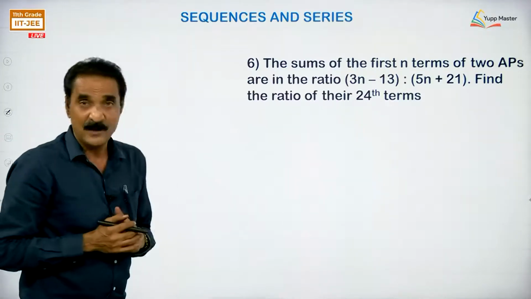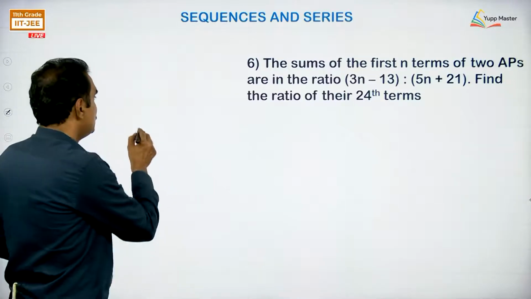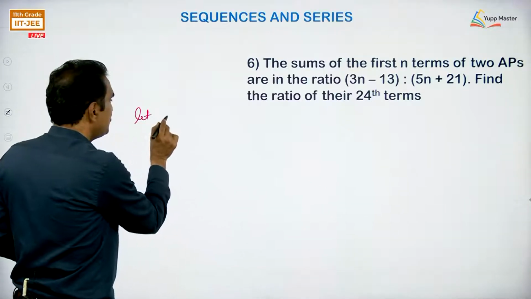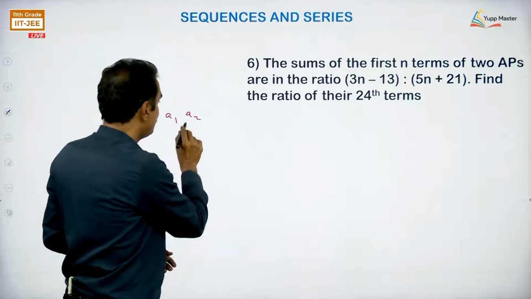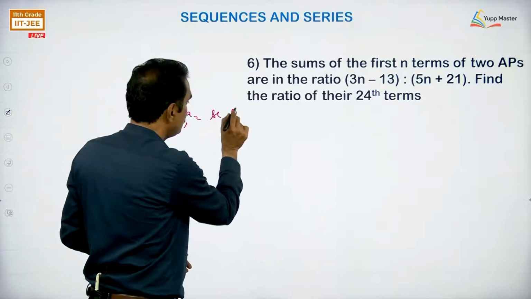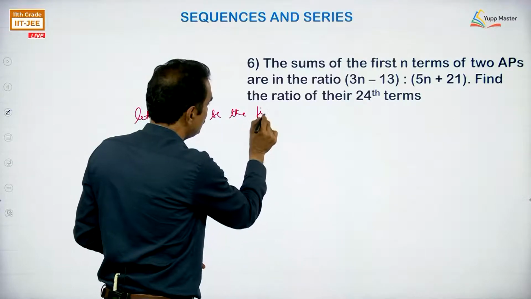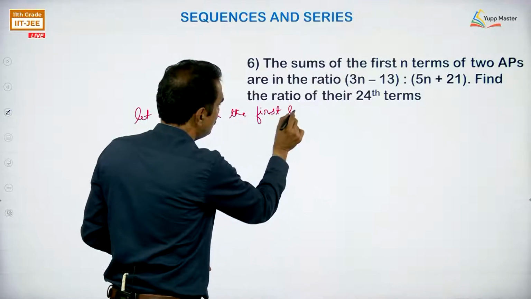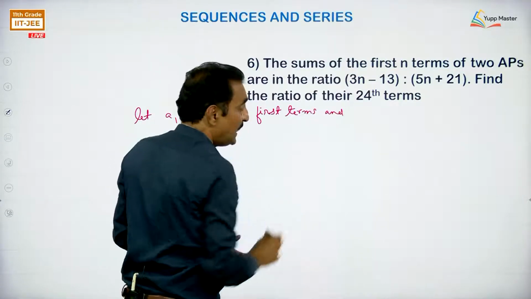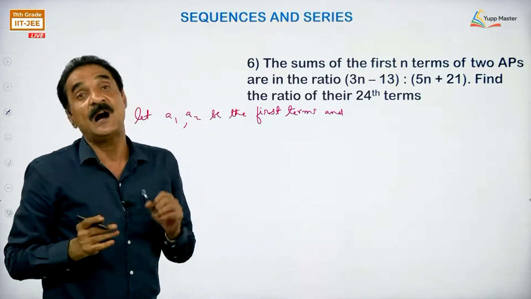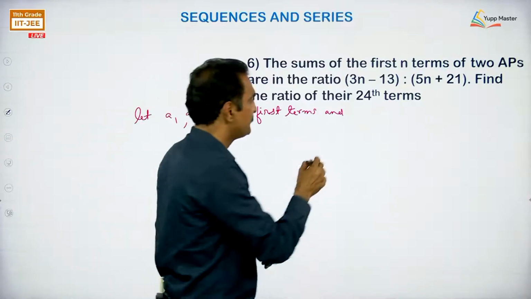We have to consider two APs. Let A1 and A2 be the first terms, and D1 and D2 be the common differences of the two APs.